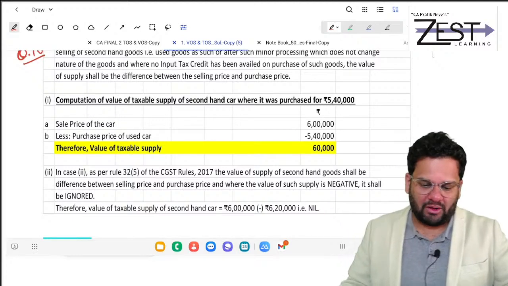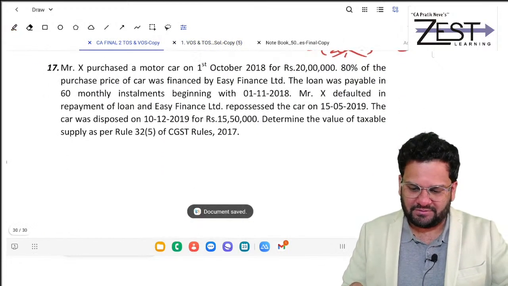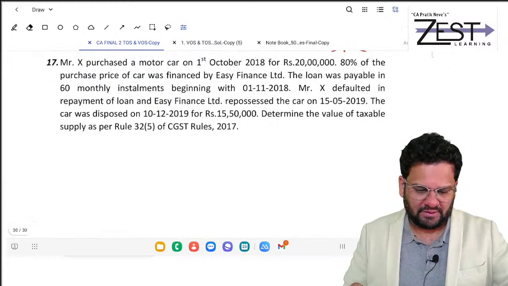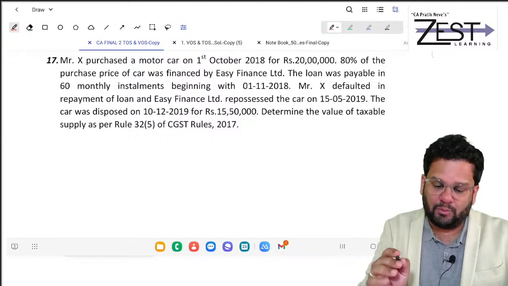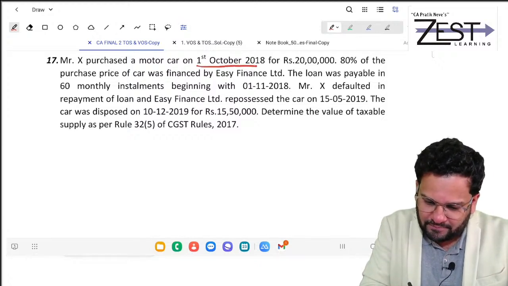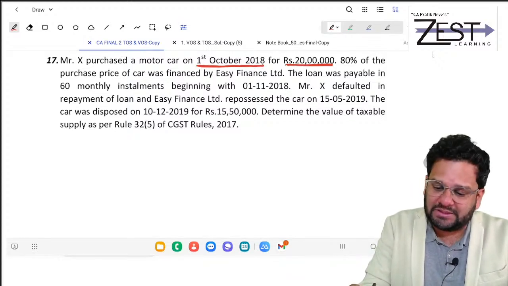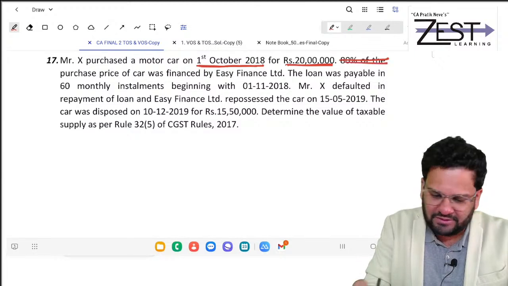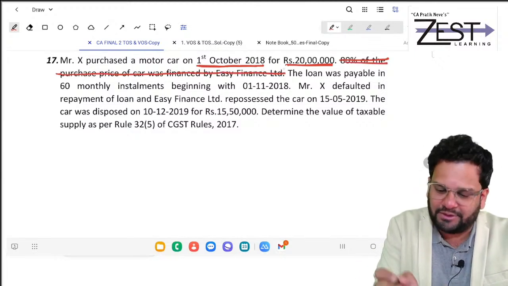Yes. So now going to the next question. See this. Mr. X purchased a motor car on 1st October 2018 for 20 lakhs. 80% of the purchase price was financed by Easy Finance Limited.